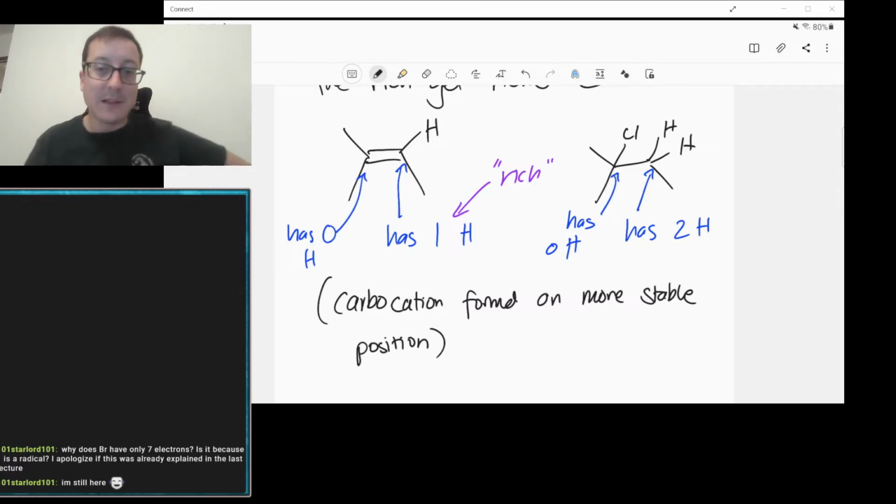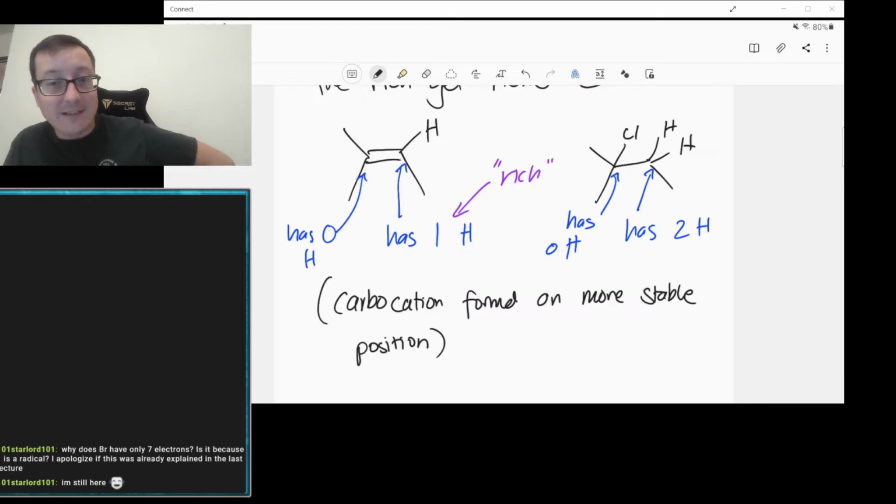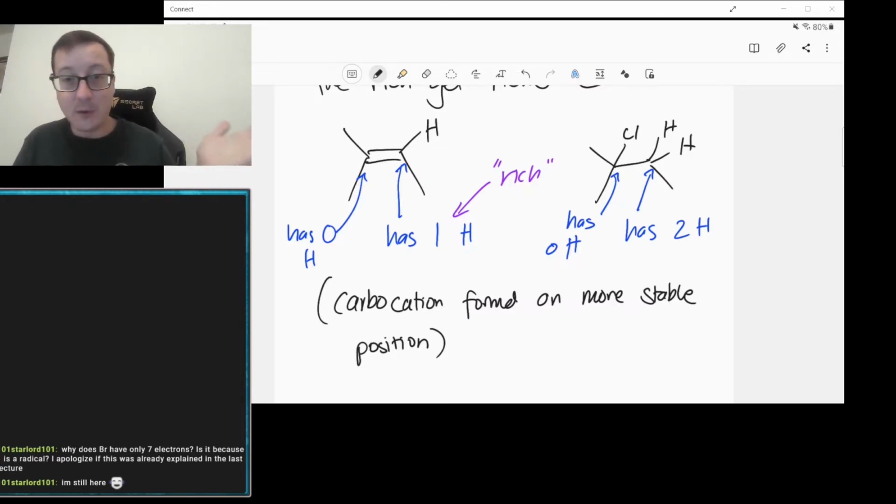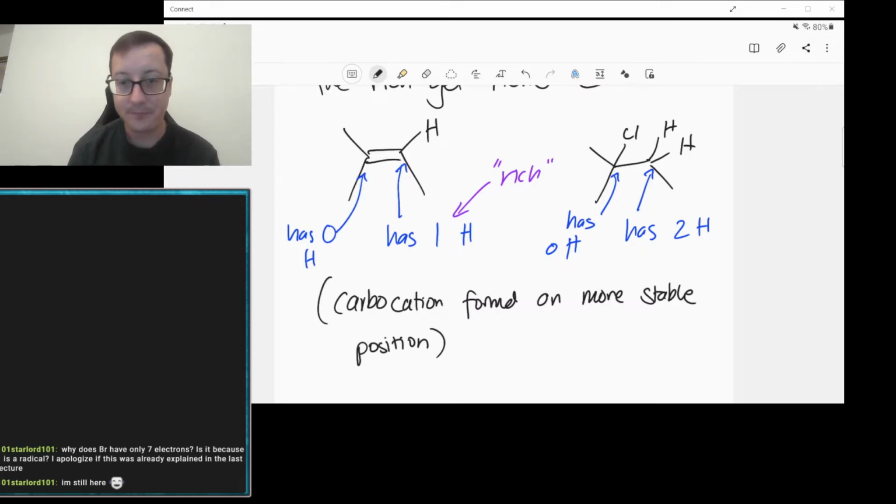But if you want to think about this chemically speaking, it's because if we react that side, we end up with the carbocation on the more stable position. And if we react to the other side, then we're just going to hydride shift anyway. So we're going to still end up moving the hydrogen over, even if we do react in the other spot. So the reason for that is we're going to end up forming the carbocation on the more stable position.